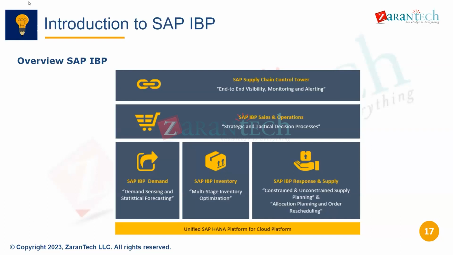This diagram that you see on the slide is the picture of the SAP IBP system and how it works. At the bottom, you can see that it is built on the SAP S/4HANA platform for cloud system. So SAP IBP is a cloud-based system. All the information related to the SAP IBP processes is stored in the cloud database.